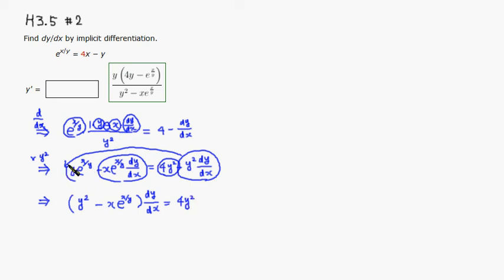But I'm going to put this term over to the other side, which becomes negative y e to the x over y. Right? So since y is in common, I'm going to pull y out, so it's going to be y times 4y minus e to the x over y. Right?